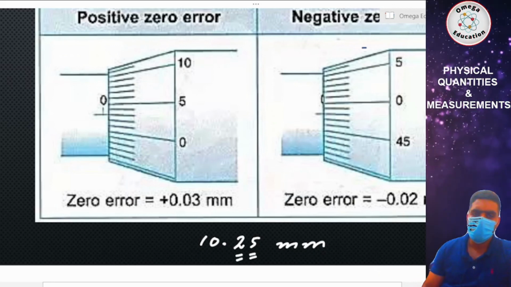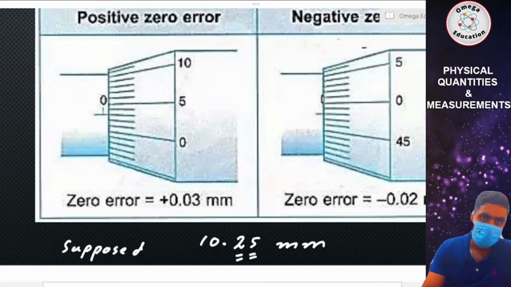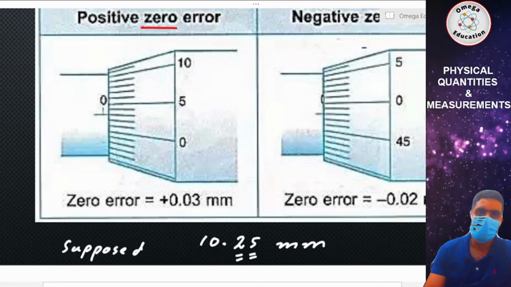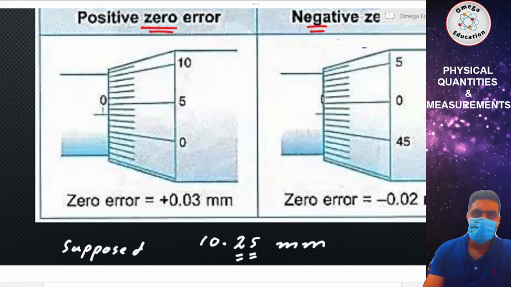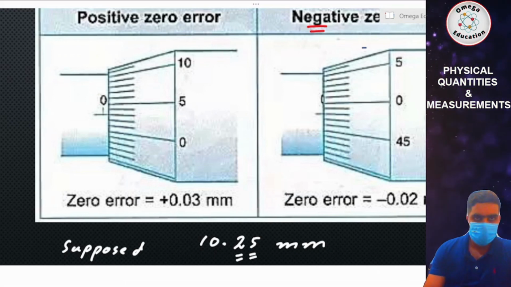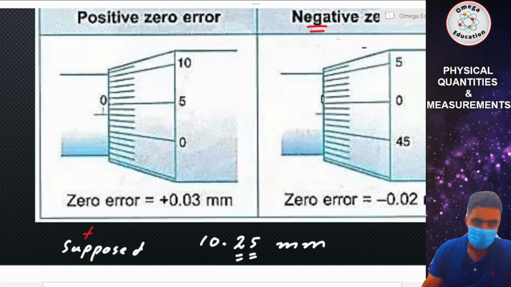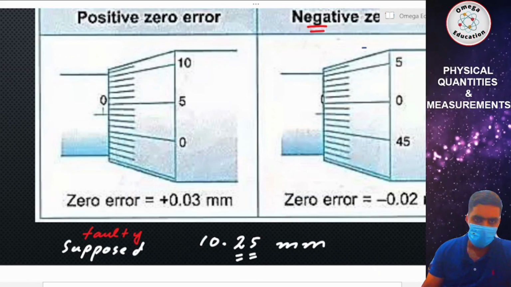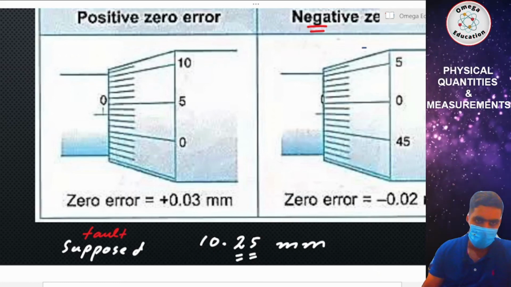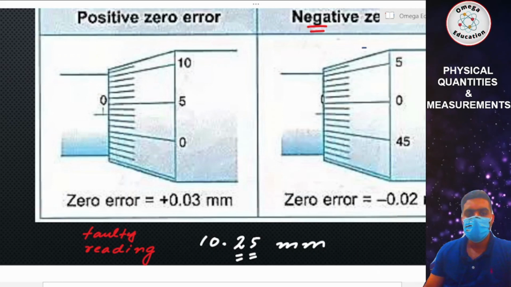It is a supposed value. It is a reading that I have measured with this faulty micrometer. When I say the word faulty, I say it because it has the zero error in it. So this reading, I can call it the faulty reading.